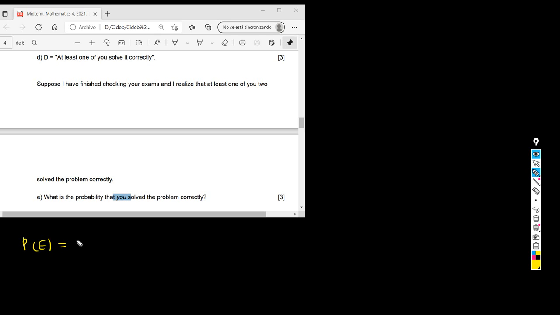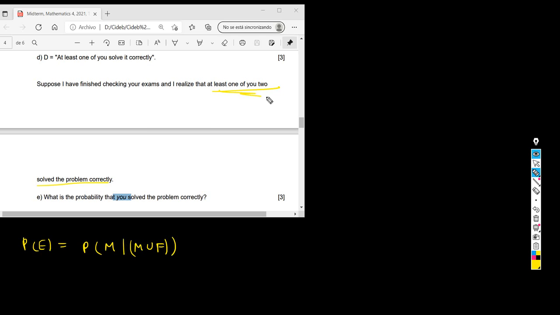So the probability of E is the following: the probability of me solving it correctly, given that at least one of us solved it correctly.